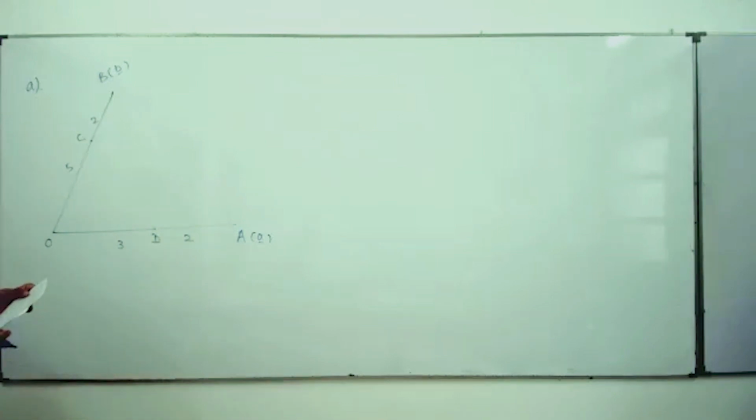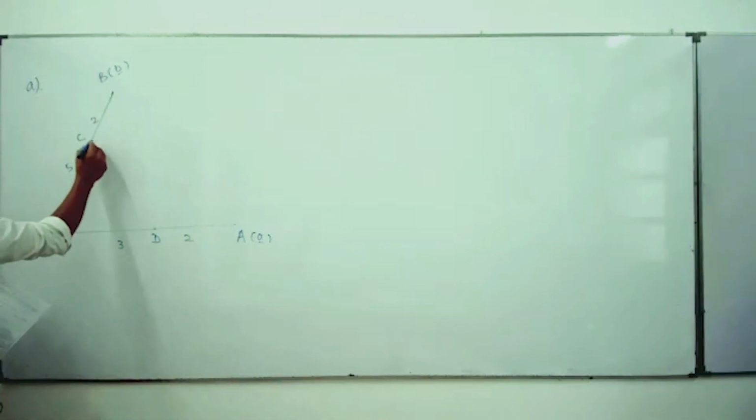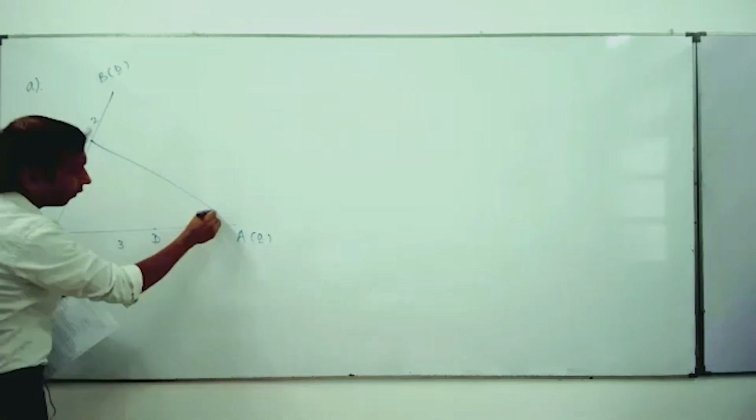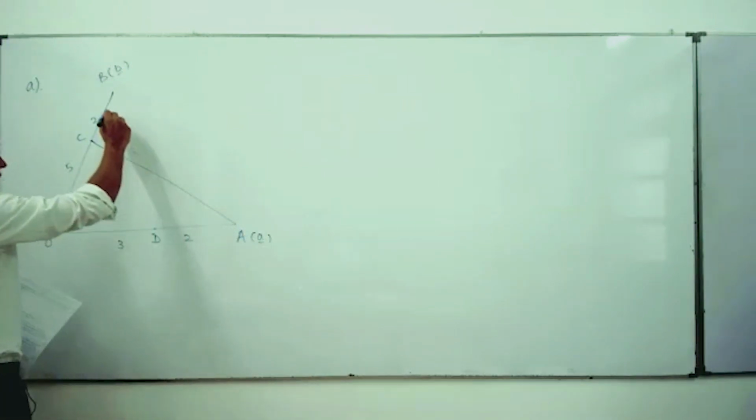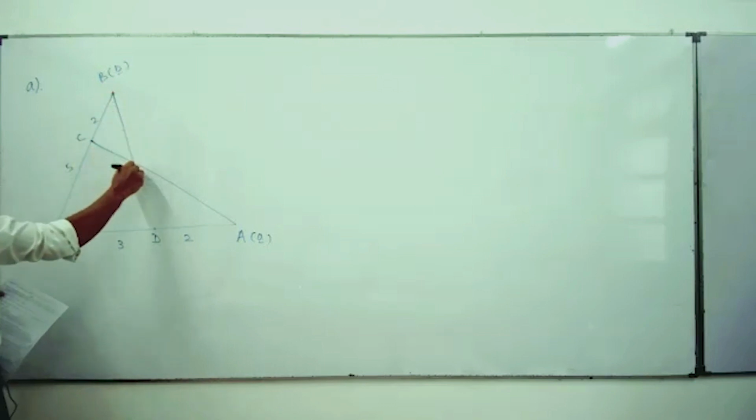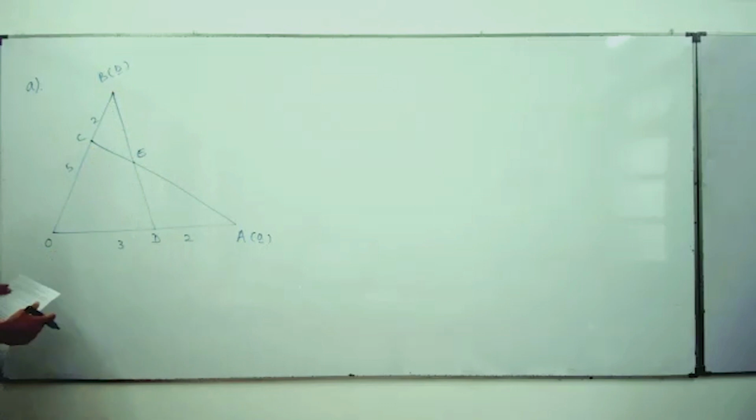Lines AC and BD intersect at E. Show that OE we can write like this.